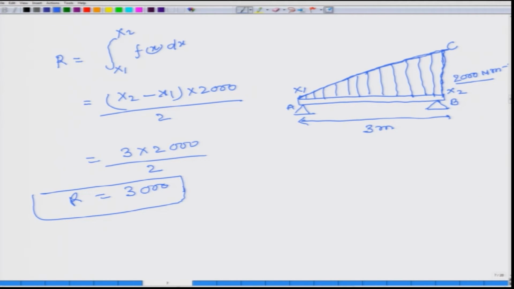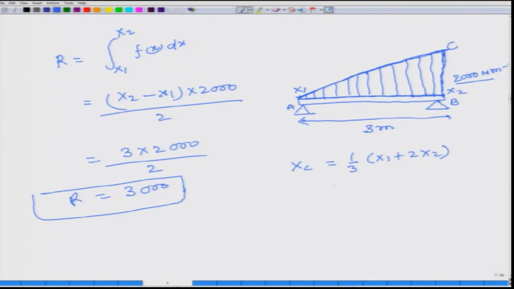right. Now, we have to find out the point at which this total load will work. That point is given by the centroid of this area, right. So, we have found that the total load of this system is 3000. Now, the XC for this triangular loading is given by 1 by 3 (x1 plus 2 x2).